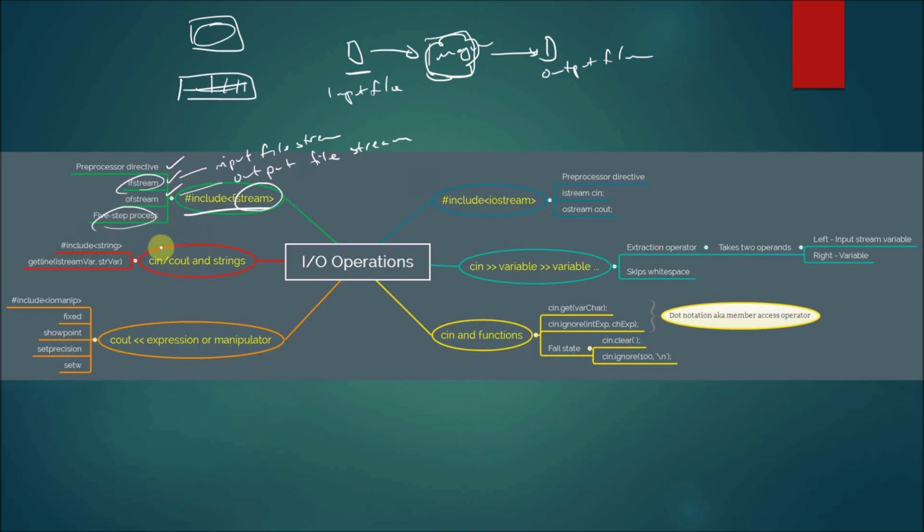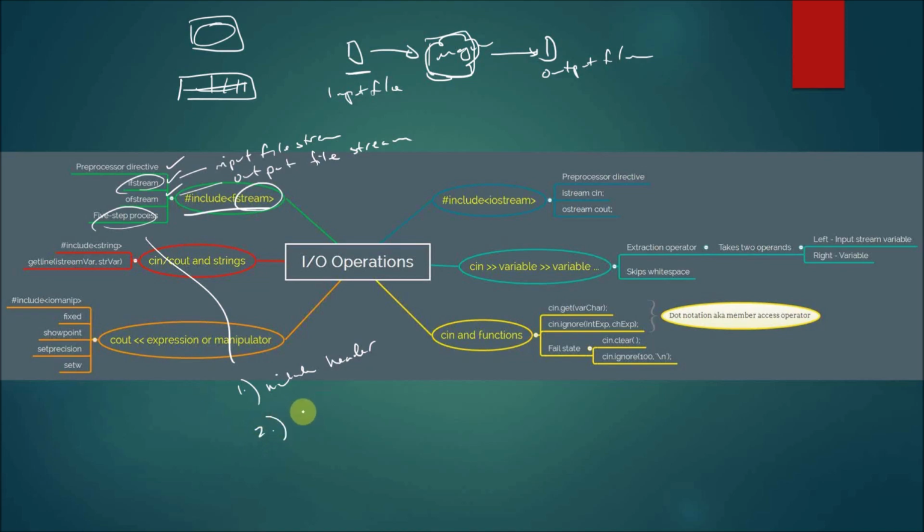There is a 5-step process when we want to use input and output with files. The first is to include our header file, #include fstream.